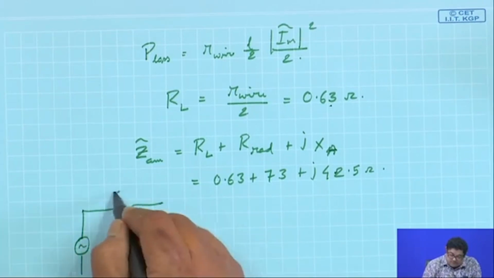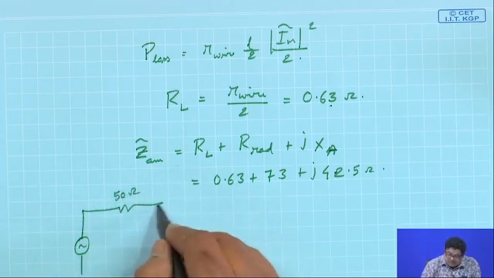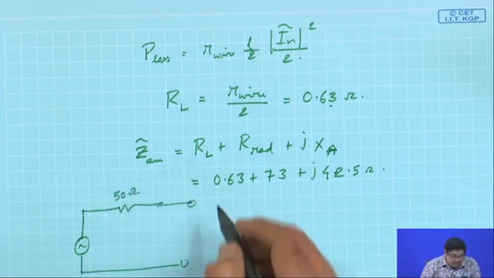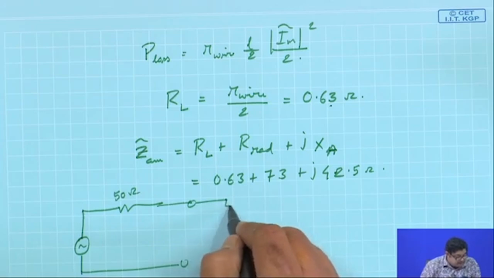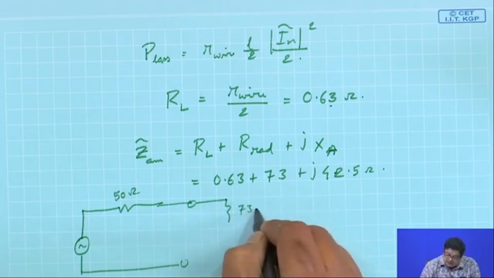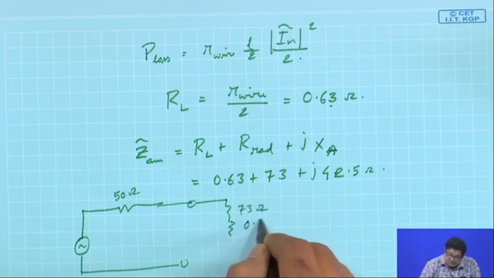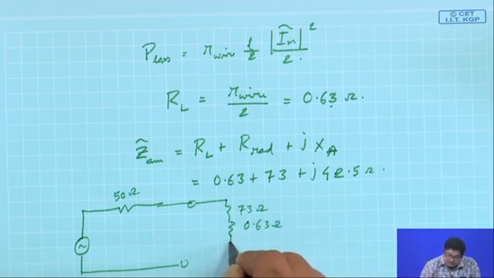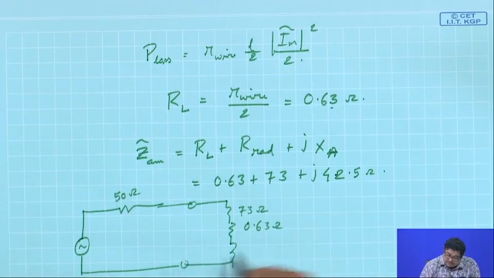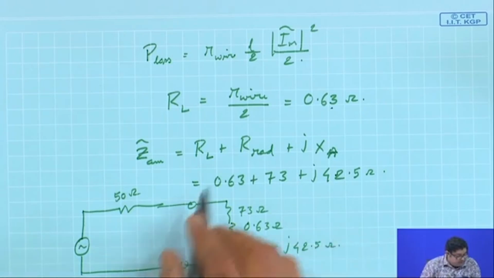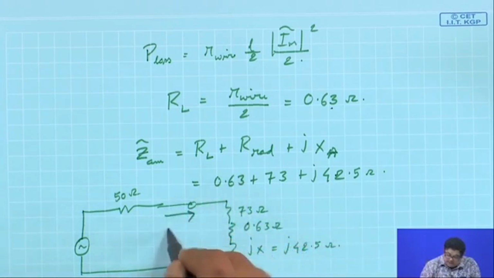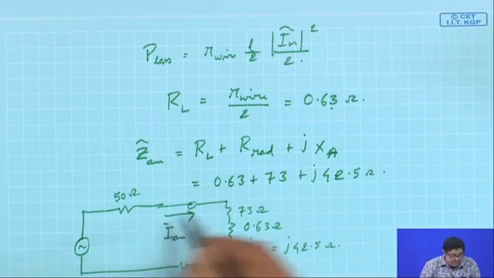Then we have a 50 ohm, then connected to 73 ohm, then connected to 0.63 ohm, and then there is an inductance jX, which is j42.5 ohm. So, we can find out what is the current.